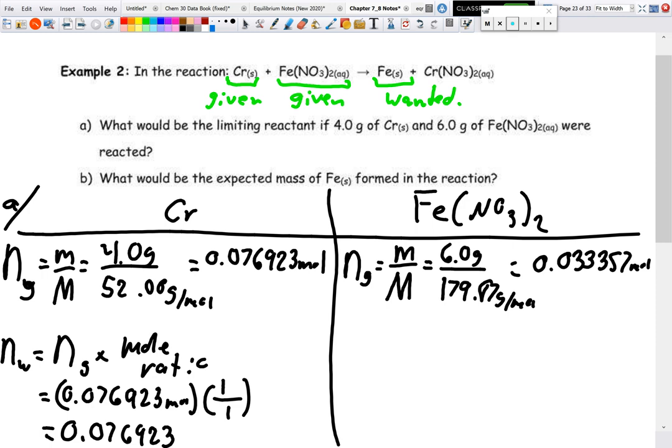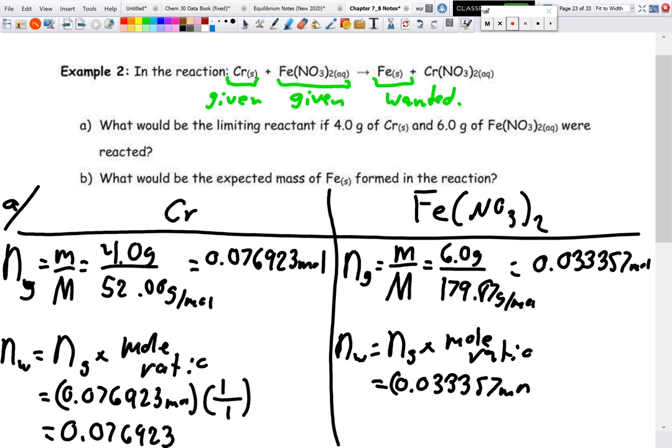And we're going to do the exact same thing over here for our iron 2 nitrate. Number of moles of our wanted is equal to number of moles of our given times our mole ratio. So that is equal to what we just calculated times our mole ratio. So wanted in front of iron is 1 over given, also 1. And we get 0.03357 moles.